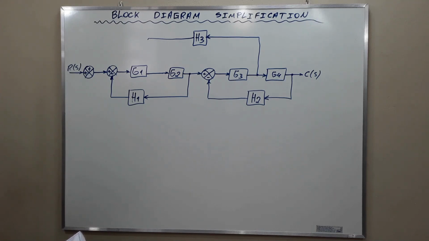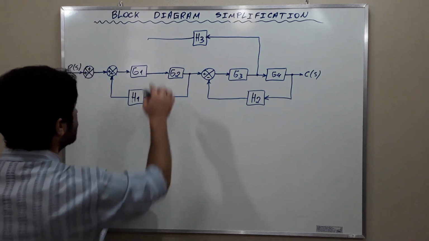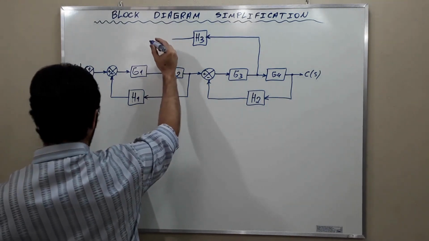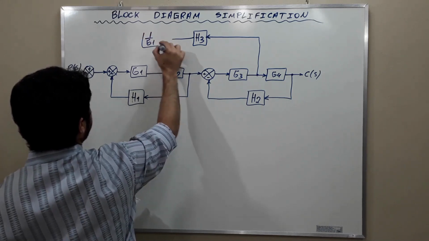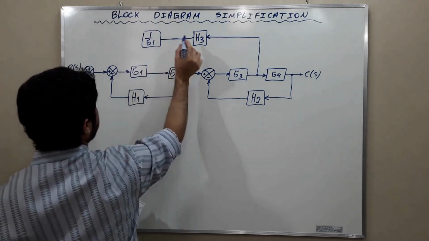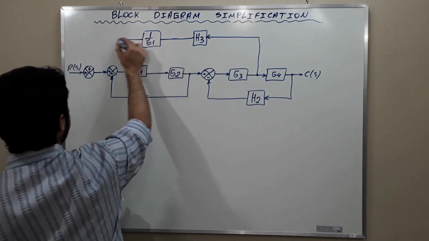And H3, here we have 1 over G1 now. And it connects to the plus plus error.